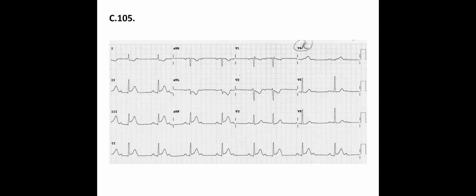From my diagnosis, it was 2-to-1 AV block, but I wasn't fully sure if it's Mobitz type 1 or 2, because I remember that in Mobitz type 1, as we go further in the cycles, the PR gets longer and longer. And here it got shorter. If I look at, for example, lead 2, it got shorter and shorter. So I want to say that it's type 2, but I'm not sure.